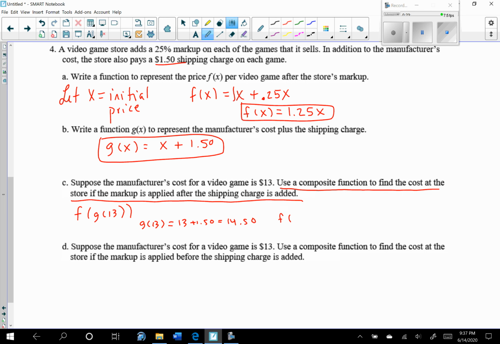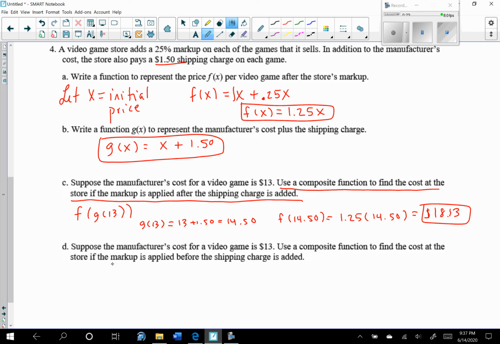So f of 14.50 is equal to 1.25, because that was from A, times 14.50, which gives us $18.13. So that would be our solution.